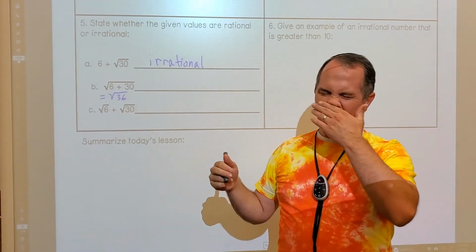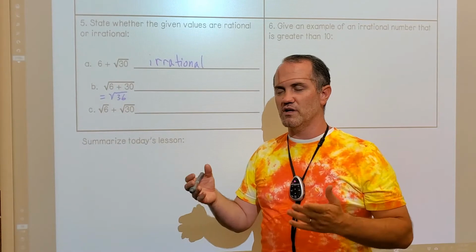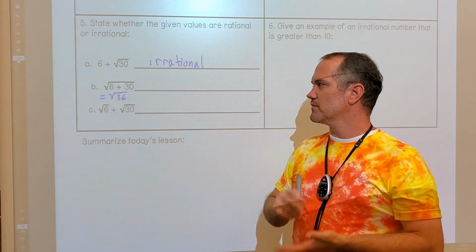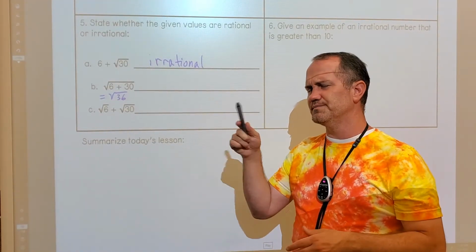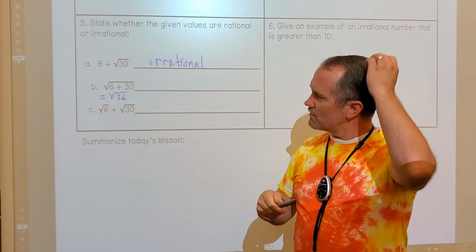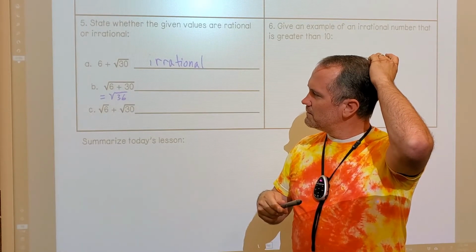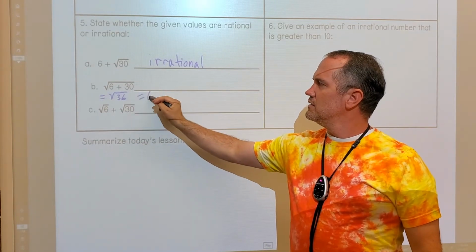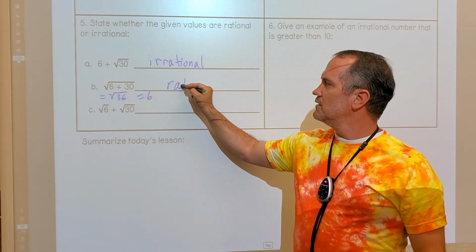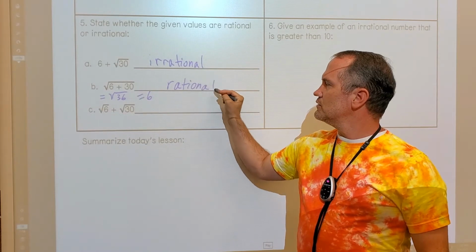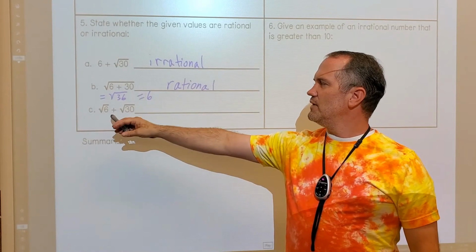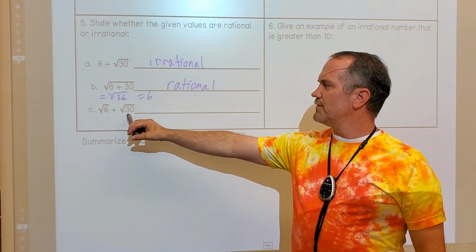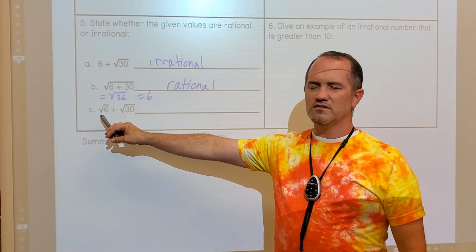You can write this with an exponent, but we're not going to do that. So the square root of 36 is 6, which makes that a rational number.